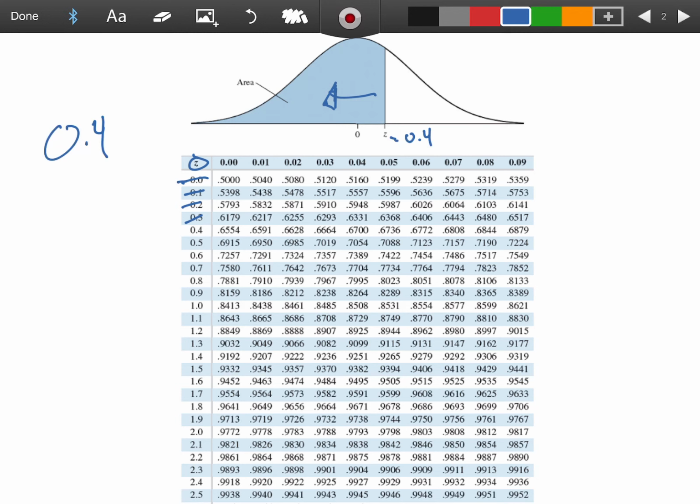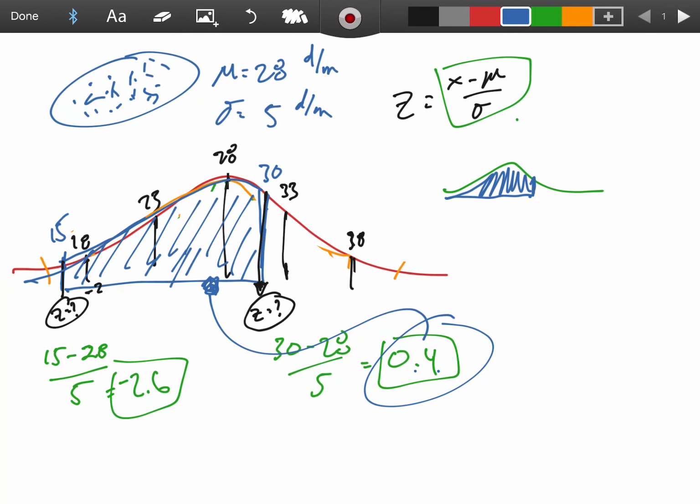Well, what's the next number? So 0.40 is this one right here. So this tells me that the proportion of the population that is to the left of a z-score of 0.4 is 0.6554. So let's copy that down over here. So this is 0.6554.